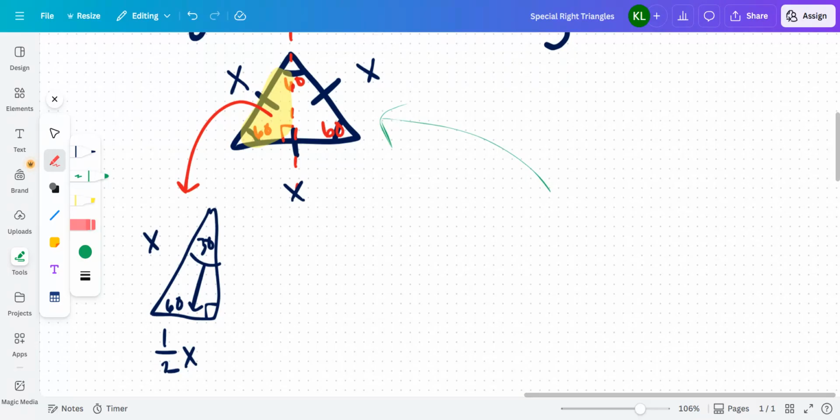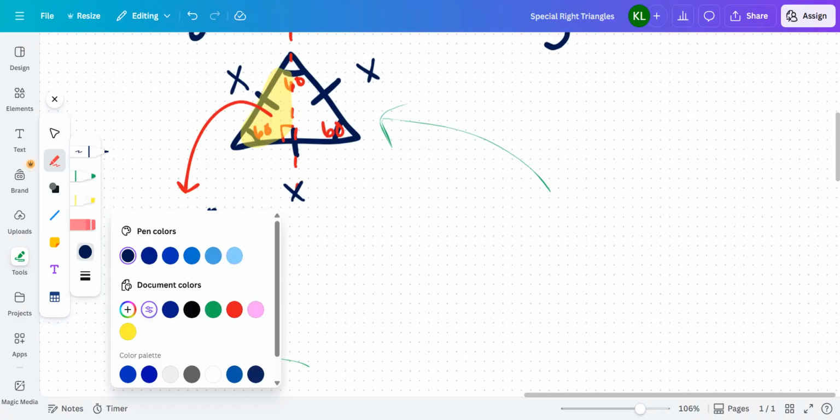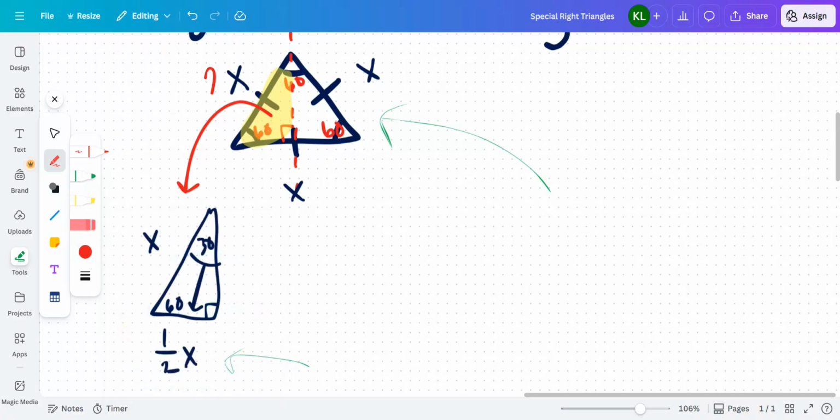I'm going to assume that you've already paused the video and attempted a guess. If we know that we're cutting this in half and ending up with this 1/2 x, the easiest way to avoid working with fractions is, instead of giving your equilateral triangle side measures of 1x, to give it side measures of 2x instead.